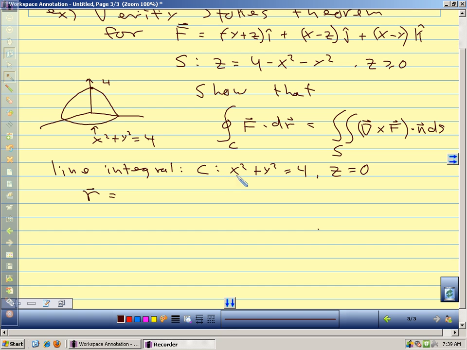We want to express our curve in terms of a single parameter, so we want to parameterize a circle. How do we parameterize a circle in polar coordinates? Cosines and sines. So we have a radius of 2. So r of theta is 2 cosine theta i plus 2 sine theta j.